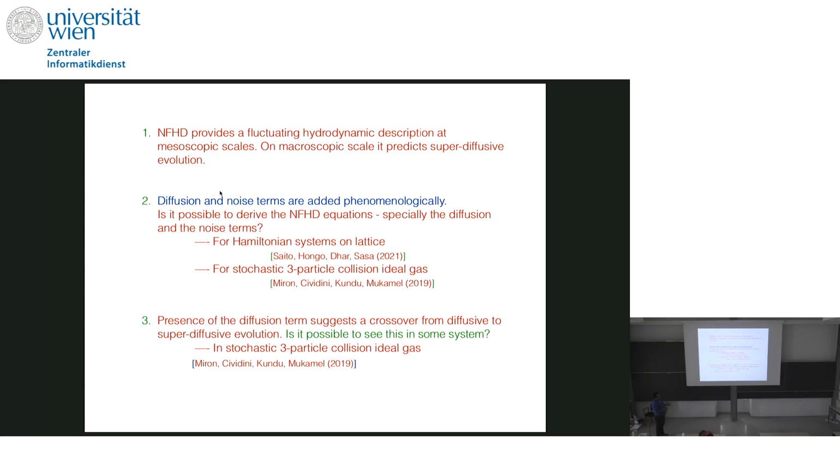They project observables on the space of conserved quantities and the space of non-conserved quantities, and then make some Markovian approximation and show that the diffusion coefficients that appear in the NFHD equations are actually related to the current correlations, not exactly the current correlation, but the part of the currents projected out from the conserved space, and the integration of that correlation.